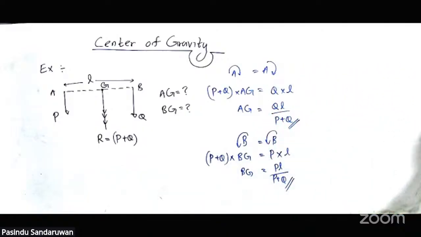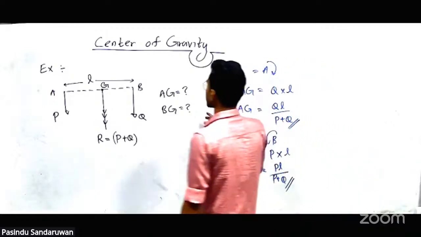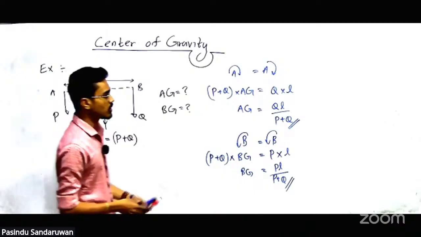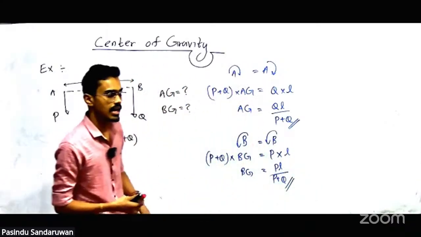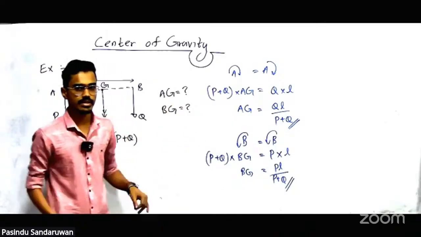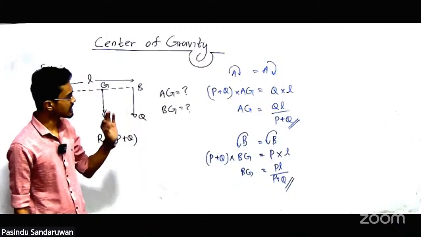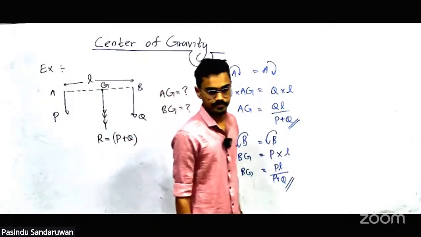Is this clear? Same thing that we did before. We'll consider this as a proved result from here onwards in center of gravity. I'll show you how we use it.